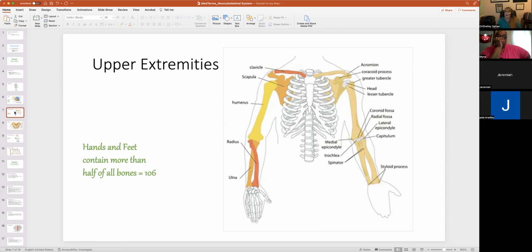So your hands and feet are the equivalent of half of your skeletal components. Isn't that amazing? And that's because, and you'll see when we get to the hands, all of the bones are actually creating these very interesting inventions, especially with our opposing thumbs.